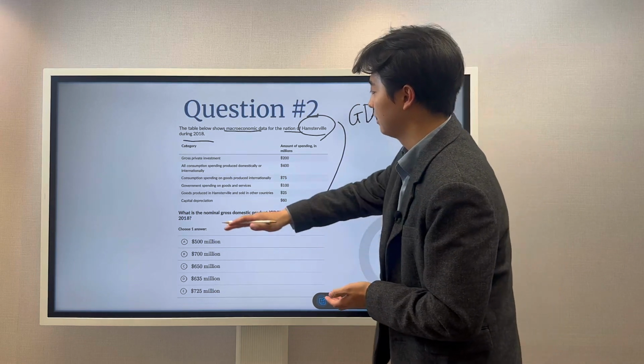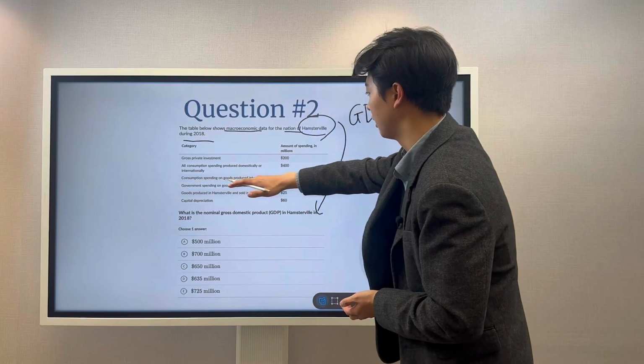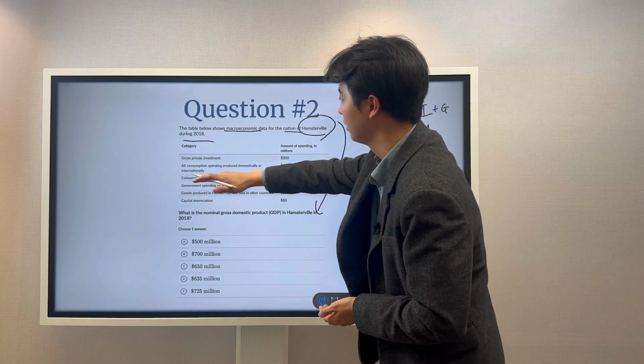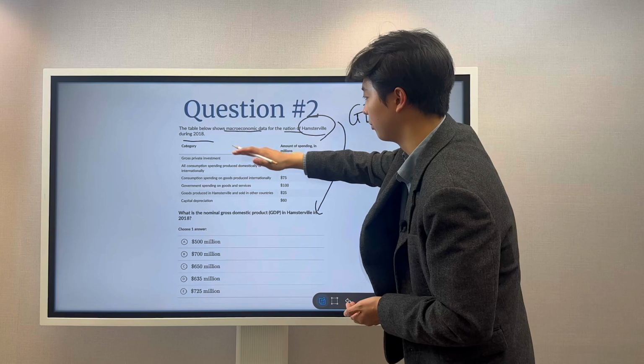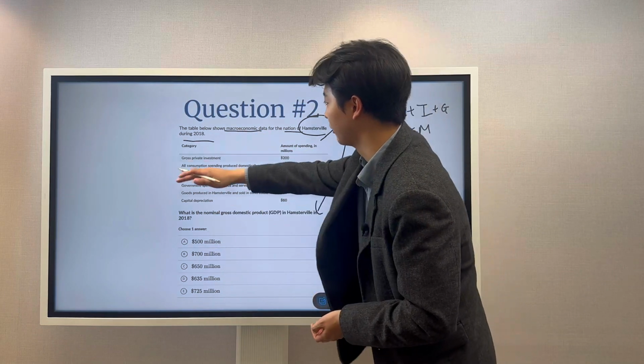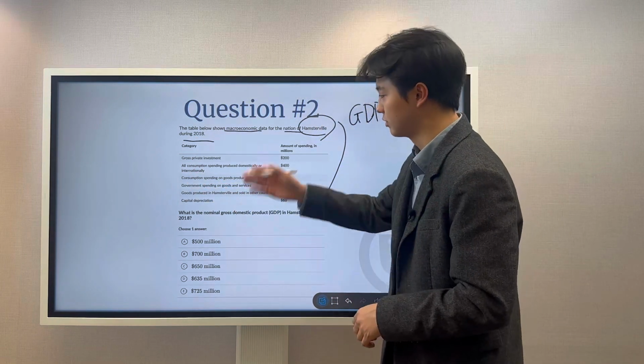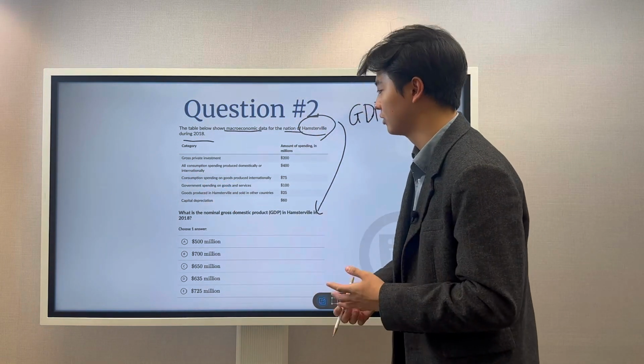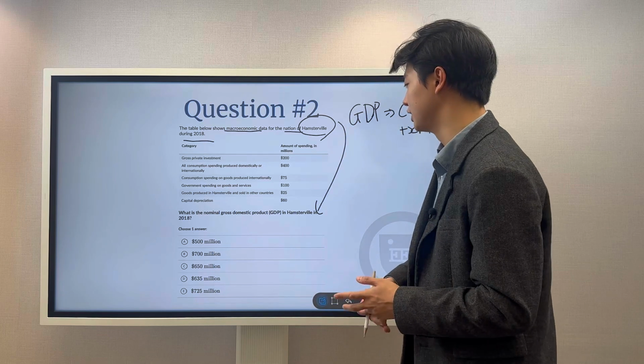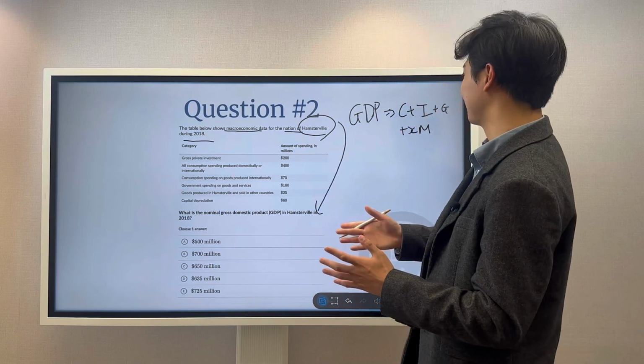So we have consumption spending on goods produced internationally, all consumption spending produced domestically or internationally, and gross private investment. The latter three are a little simple: government spending, goods produced in Hamsterville and sold in other countries, and capital depreciation. Let's calculate and plug this in.